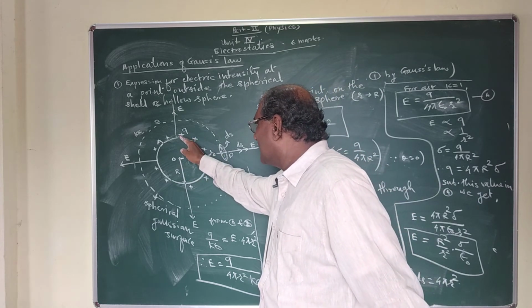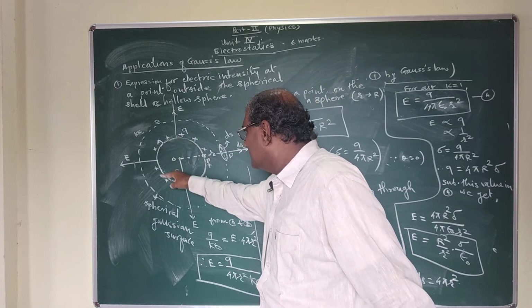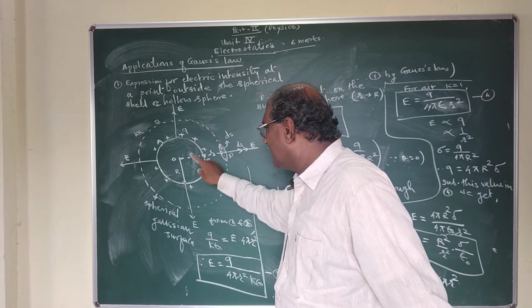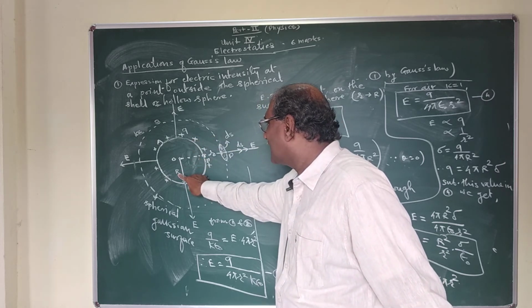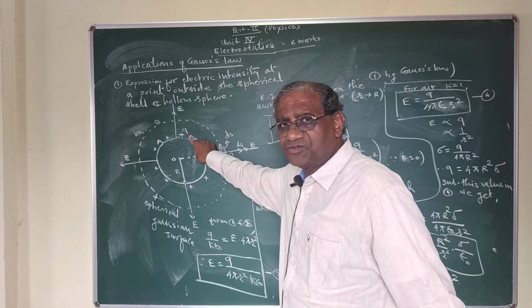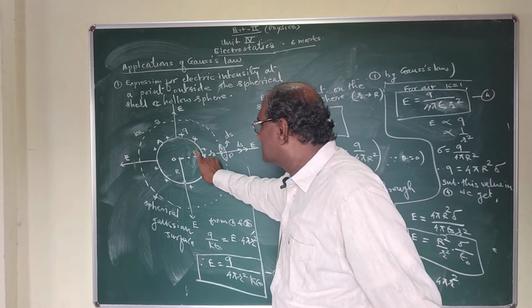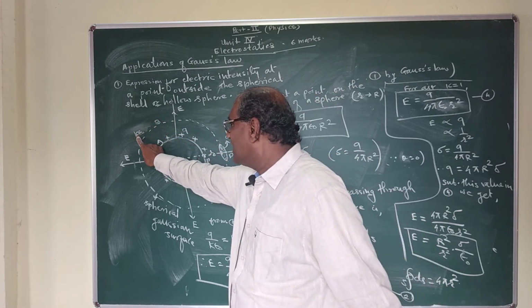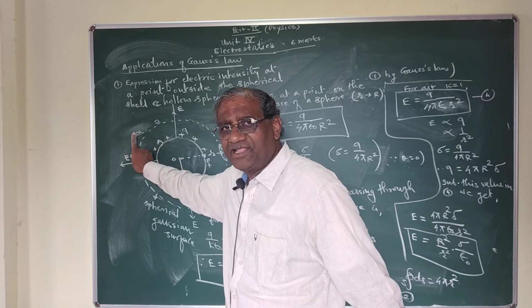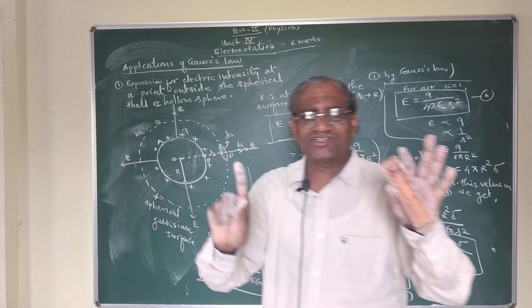First we consider an isolated charged sphere having radius R with charge plus q, placed in a dielectric medium having electrical permittivity k epsilon 0, as shown in the figure.